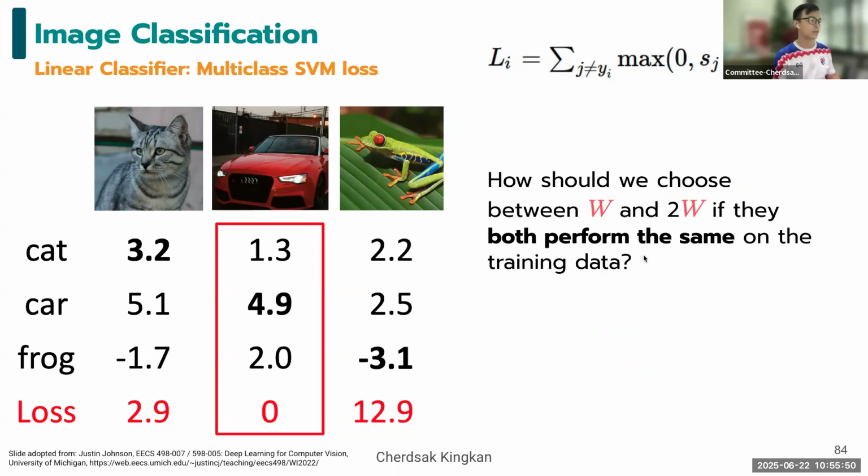So how should we choose between W or 2W if they both perform the same, if they give us the same performance on the training data set? How can we choose between the two? Should we choose W, or should we choose 2W, right? That's the question, because it's not unique, right?